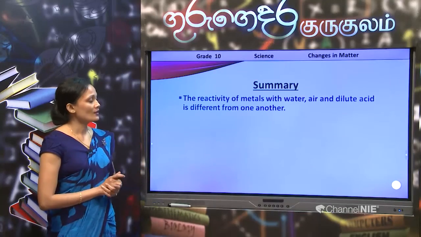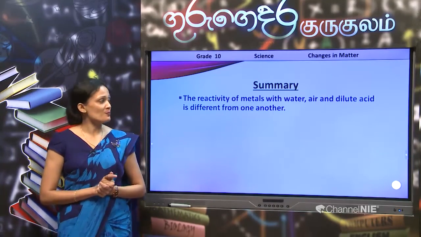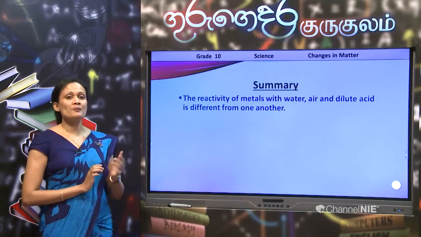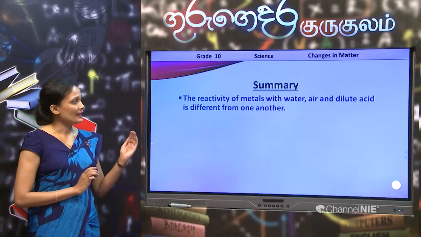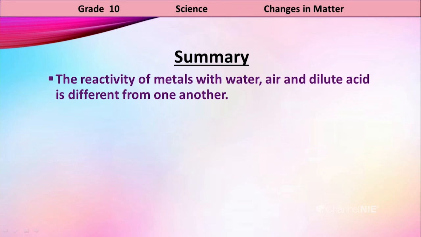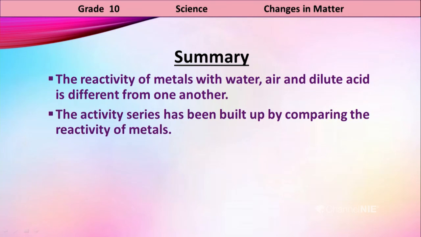Okay children, now we come to the end of today's lesson. So I am going to summarize the things that we learned today. We discussed the reactivity of metals, how metals react with water, air, and dilute acids. Then we discussed the activity series.